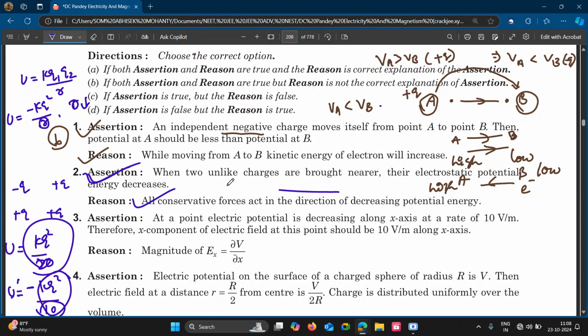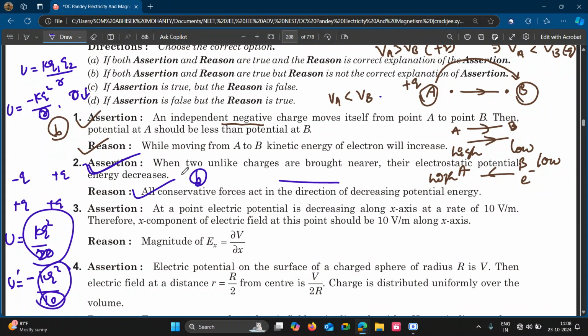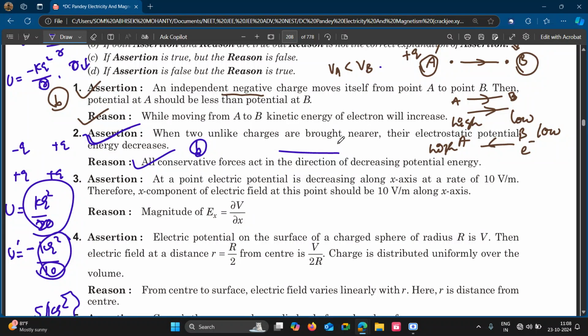So option B will be the answer, because they are brought nearer and the distance is decreasing. The thing is with the distance. It doesn't have to do with the conservative force acting in the direction of decreasing potential. Okay. Next question.